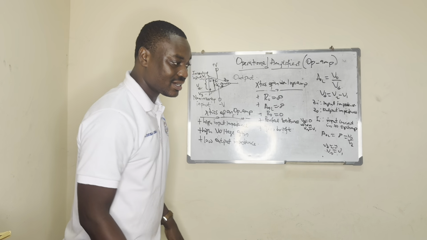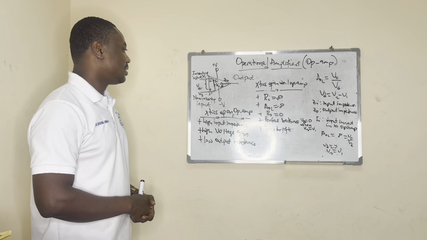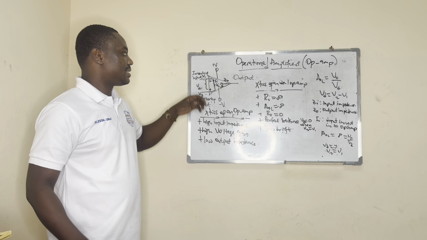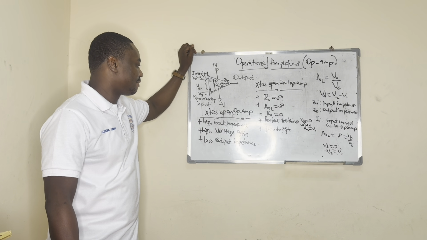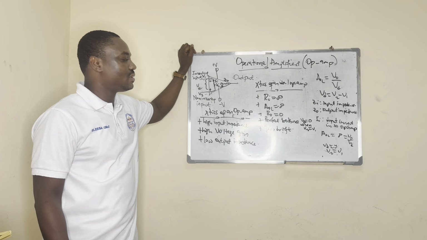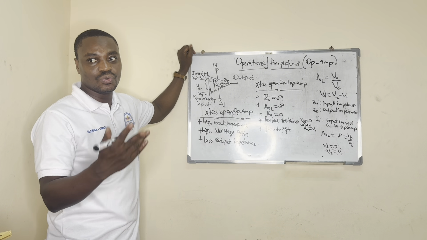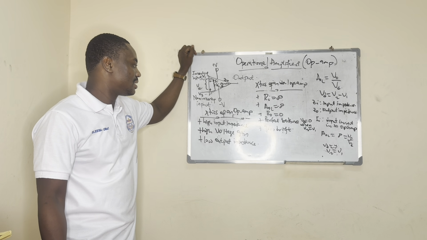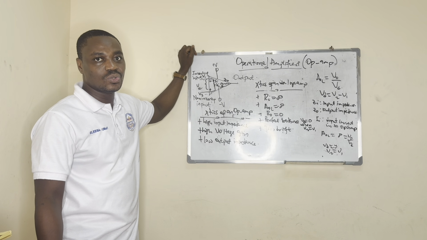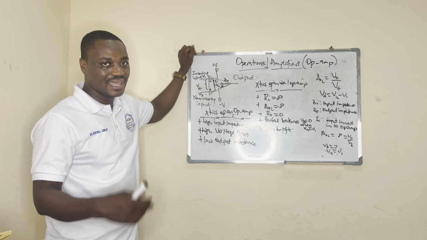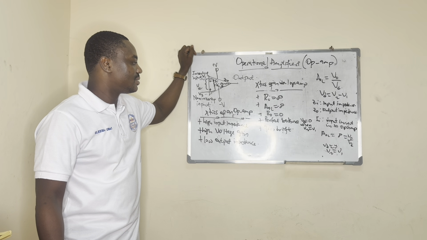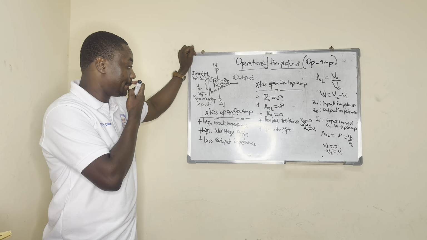So these are the 3 main terminals that I will be using to design an operational amplifier, so that we can use it for any intended purpose, whether we want to do addition, subtraction, all the way to inverting or amplifying a signal.